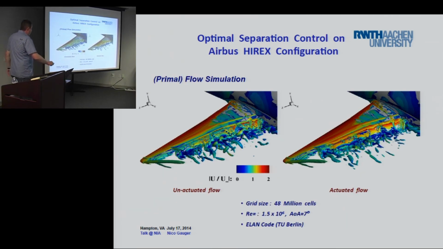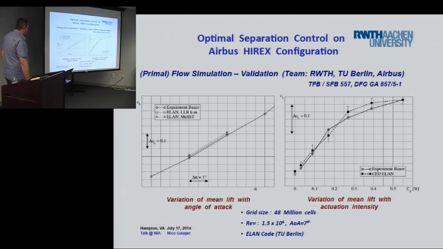Here you see unactuated flow simulation and actuated flow simulation. It's a 48 million cells mesh, 1.5 million is Reynolds number, angle of attack is 7 degrees. We use this code from Frank and our adjoint capability as explained, and you see here a validation.